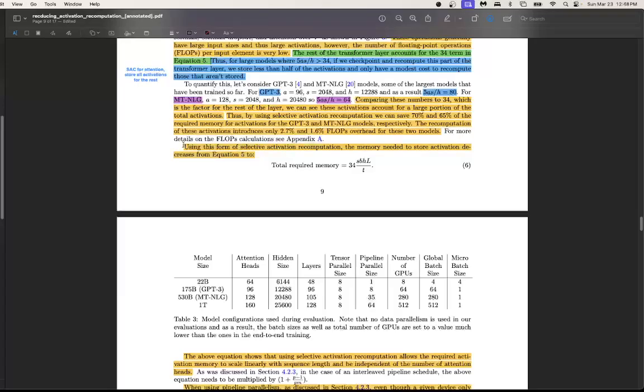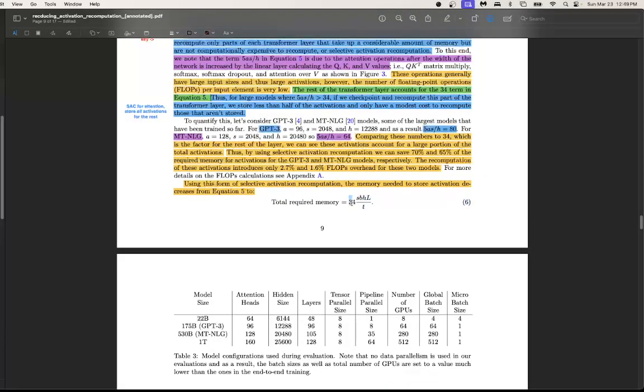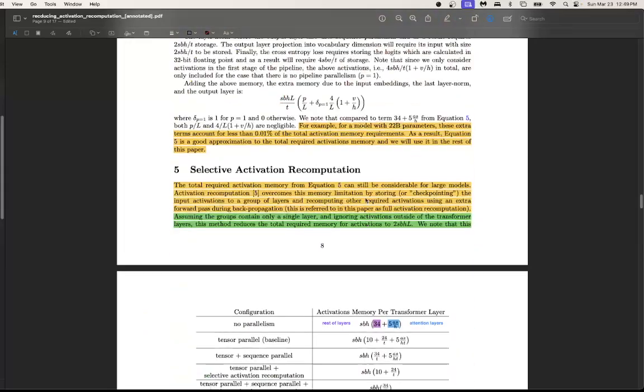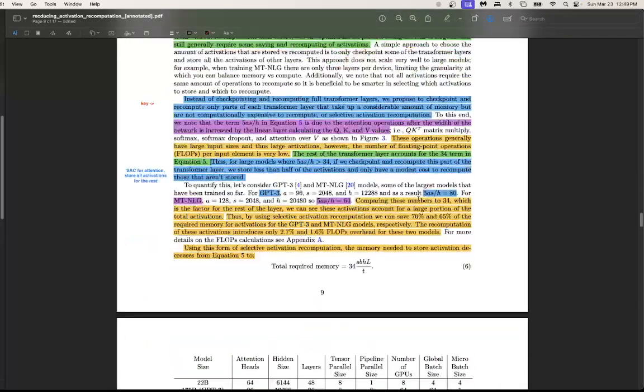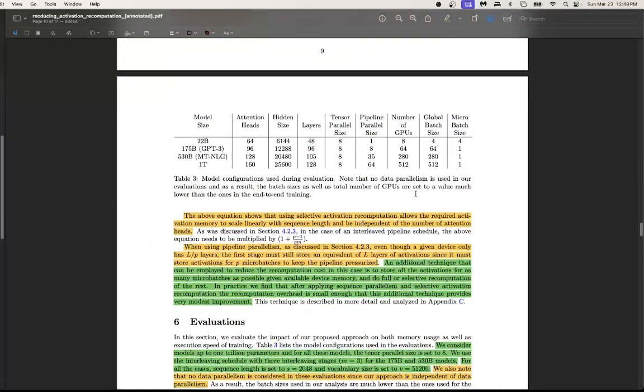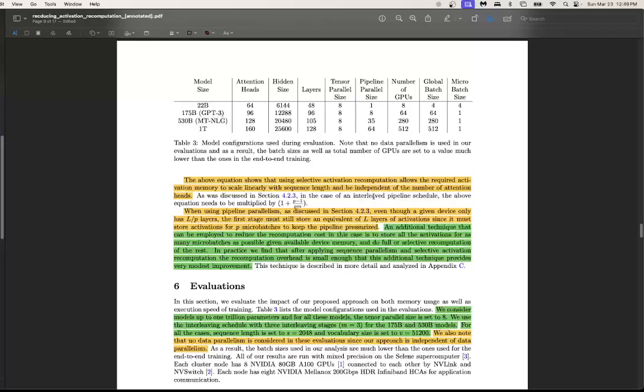So if we decide, okay, we're going to use this strategy, selective activation checkpointing, to checkpoint only these layers in the attention, then your total required memory is reduced to this expression, right? Which is better than equation 5, which we're looking at here. Okay. And then they talk about a new equation that basically allows the activation recomputation.